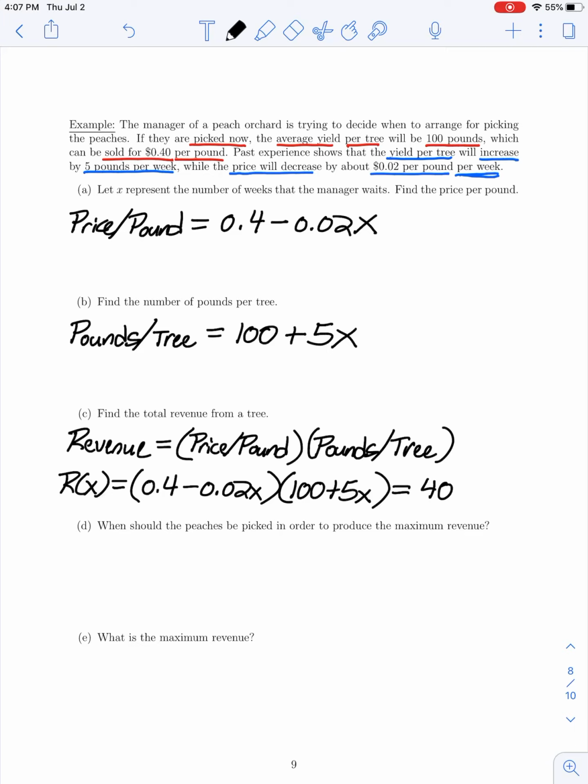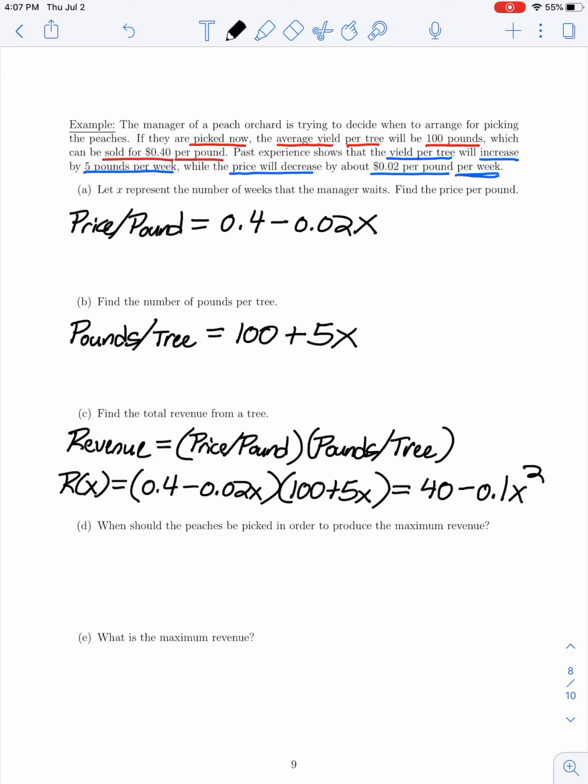And then our last term, we would have minus 0.02 times 5, which is 0.1, x squared. So we have the following function for revenue.